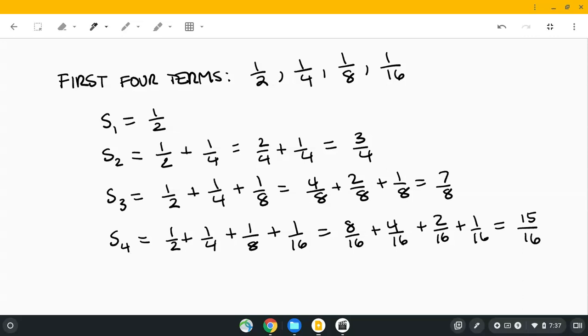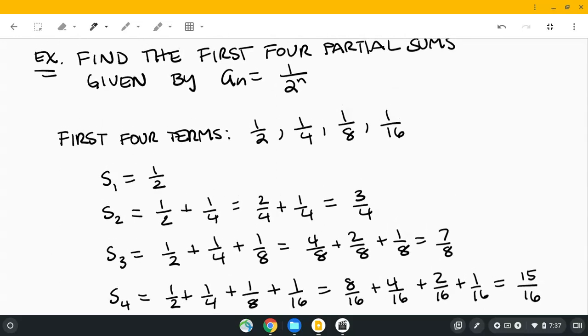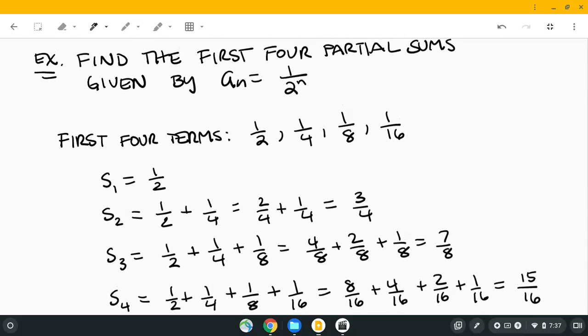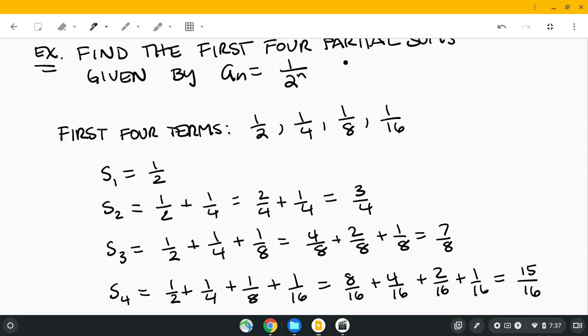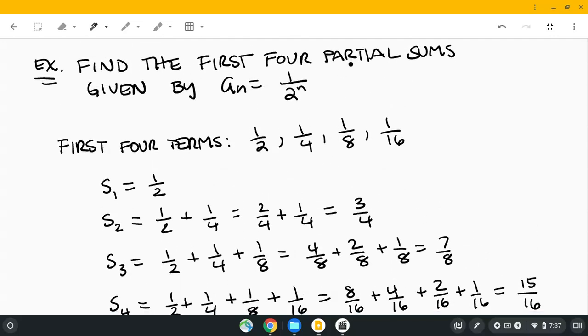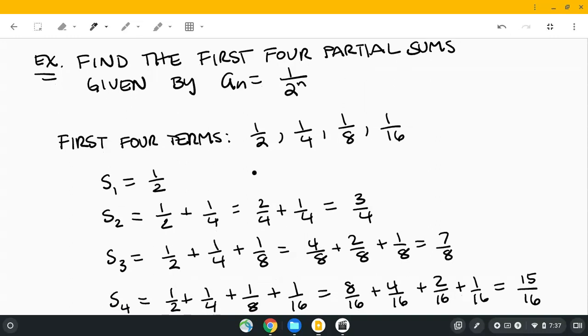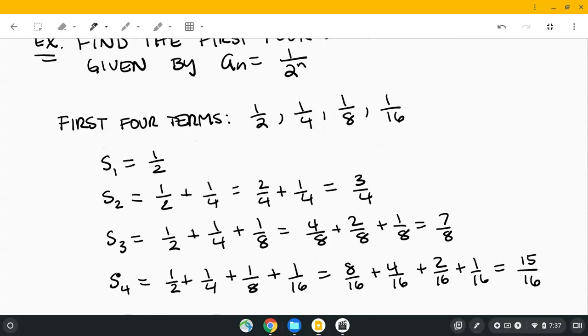Okay. So that's what they mean when they say find the first four partial sums. They want each one. They don't want just S4. They want S1, S2, S3, and also S4. Unless they say find the fourth partial sum, then they only want S4. But if they say find the first four partial sums, then they want each one.